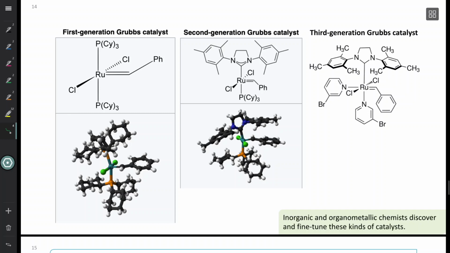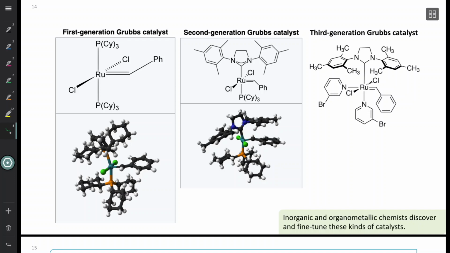So yes, the first generation came first, but then also, as we're looking at second and third generation Grubbs catalysts, they're also being tailored for specific roles, right? So the third generation Grubbs catalyst is really good for polymerization. It's a fast initiator, which you may not want sometimes.